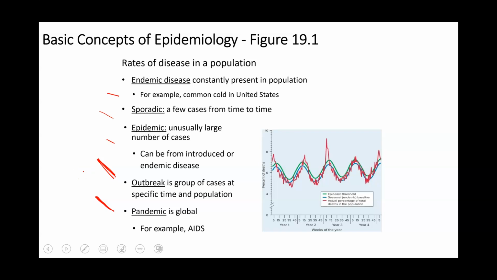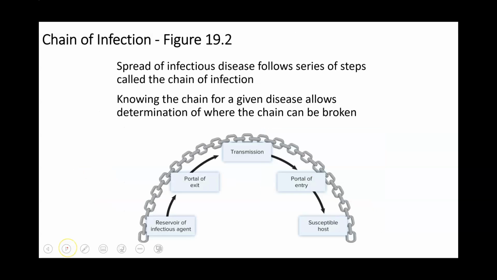So for us to be able to stop an infection, we have to know the steps that typically are followed to cause an infection. So you have to know the reservoir of the infection. You want to know what is the portal of exit. So there's got to be a reservoir.